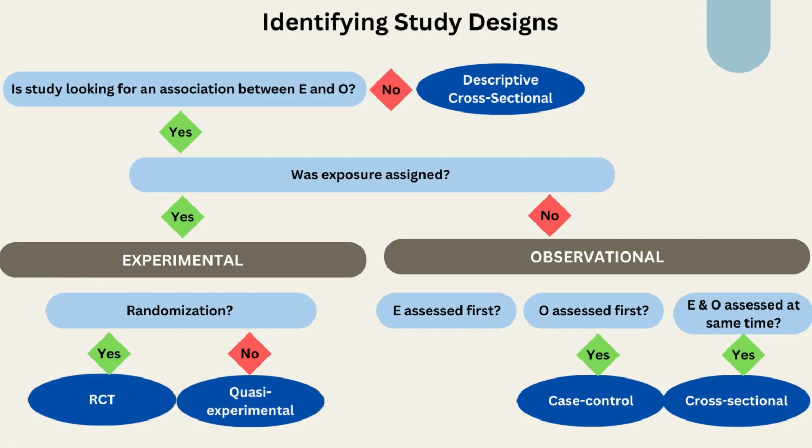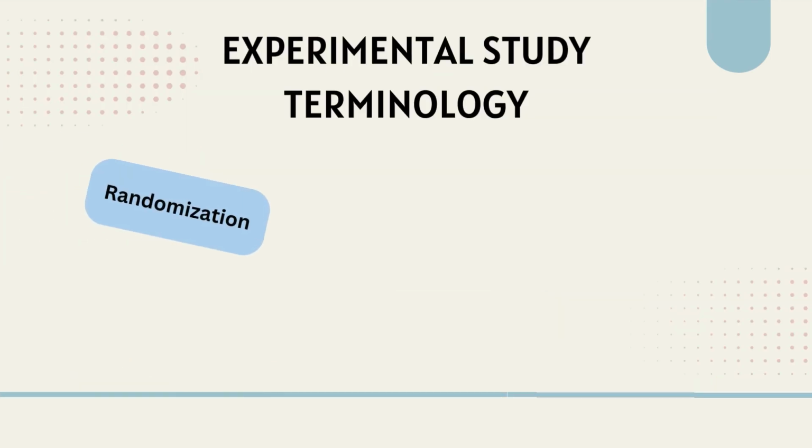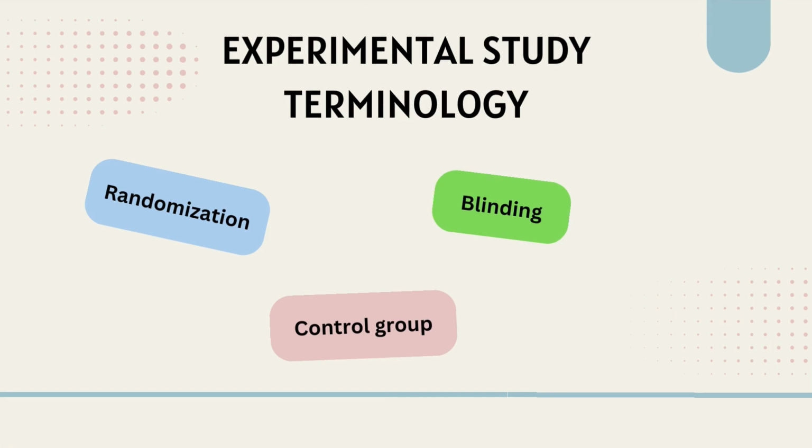If the answer is yes, the design is a randomized control trial. If no, the design is a quasi-experimental or another subtype of experimental study. These are the most common, RCT and quasi. Some terminology specific to experimental studies that you should know are randomization, control group, blinding, and placebo.